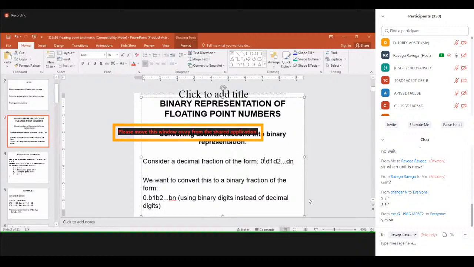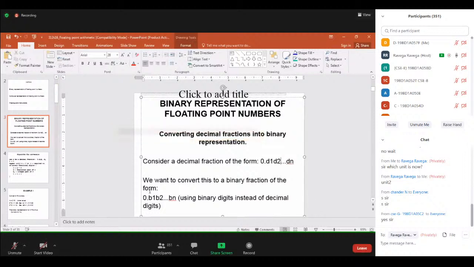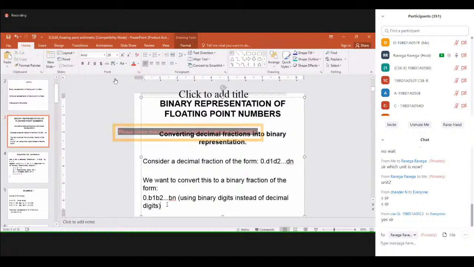Now we want to convert this to a binary fraction of the form 0.b1 b2 bn using binary digits instead of decimal digits: d for donkey, b for buffalo.